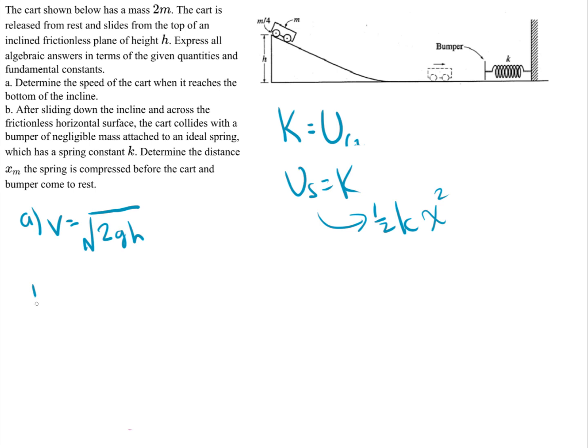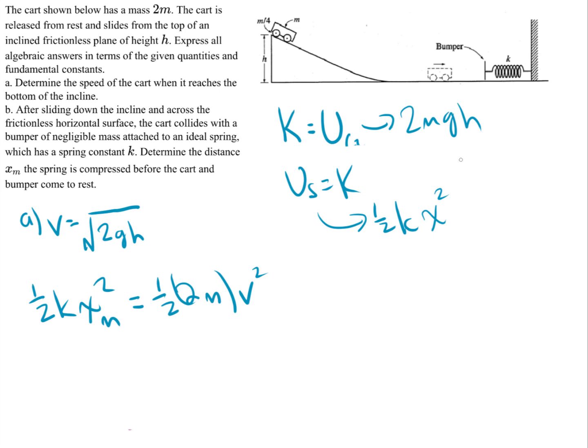So from that, we can say that 1/2 kx squared, and this x is the distance the spring is compressed, is equal to 1/2 mv squared. And again, this is 2m, not just m, since the cart has mass 2m, and v squared. You could also use the gravitational potential expression of 2mgh, and that would work too, but we don't really need that. We'll just use the kinetic energy here.